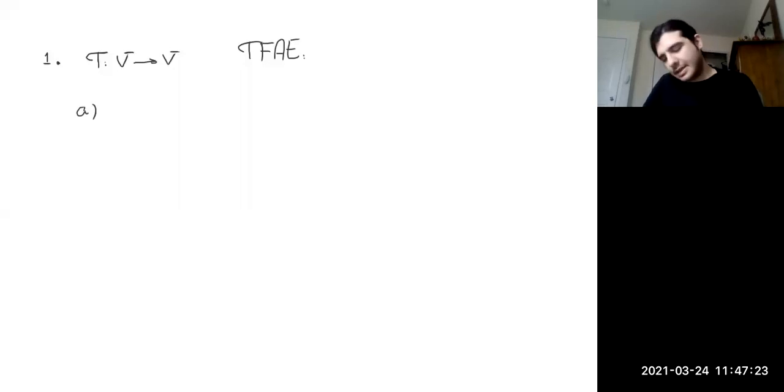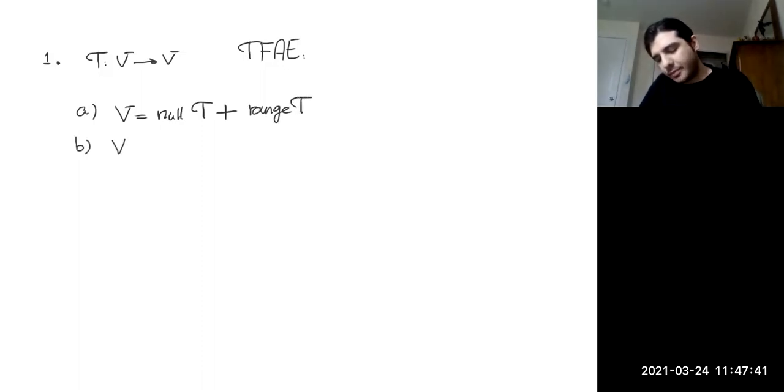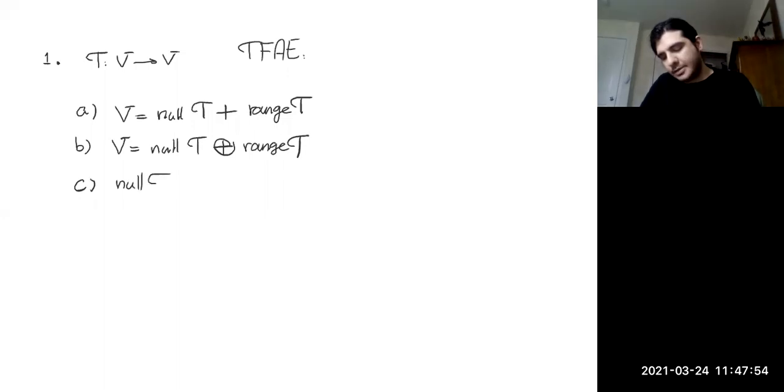A says V is equal to null of T, or kernel of T, which is, I think, more common, plus range of T, or image of T. Part B says V is equal to null of T direct sum range of T. Part C says null of T intersection range of T is 0.